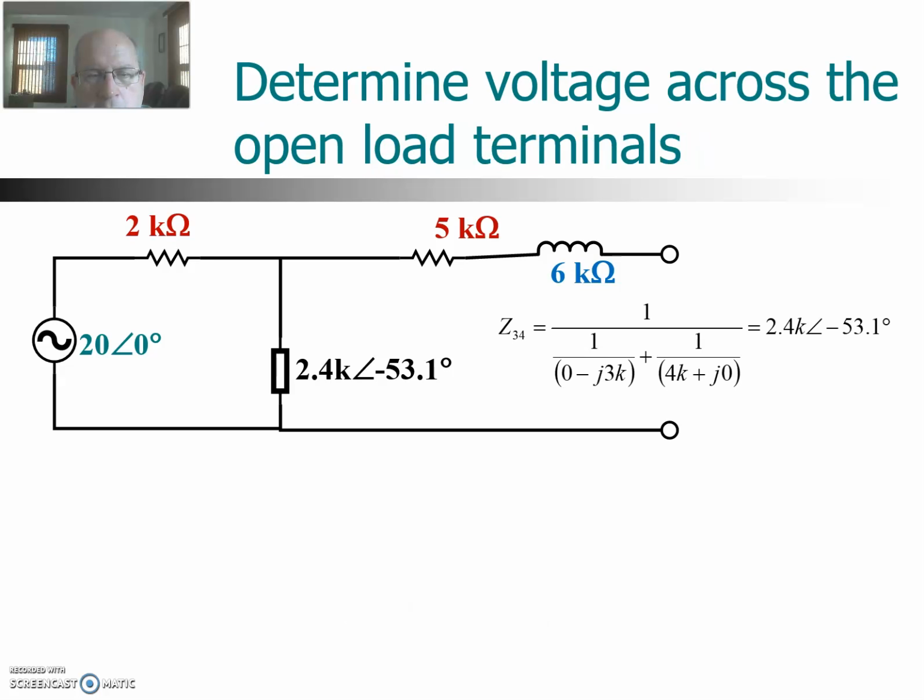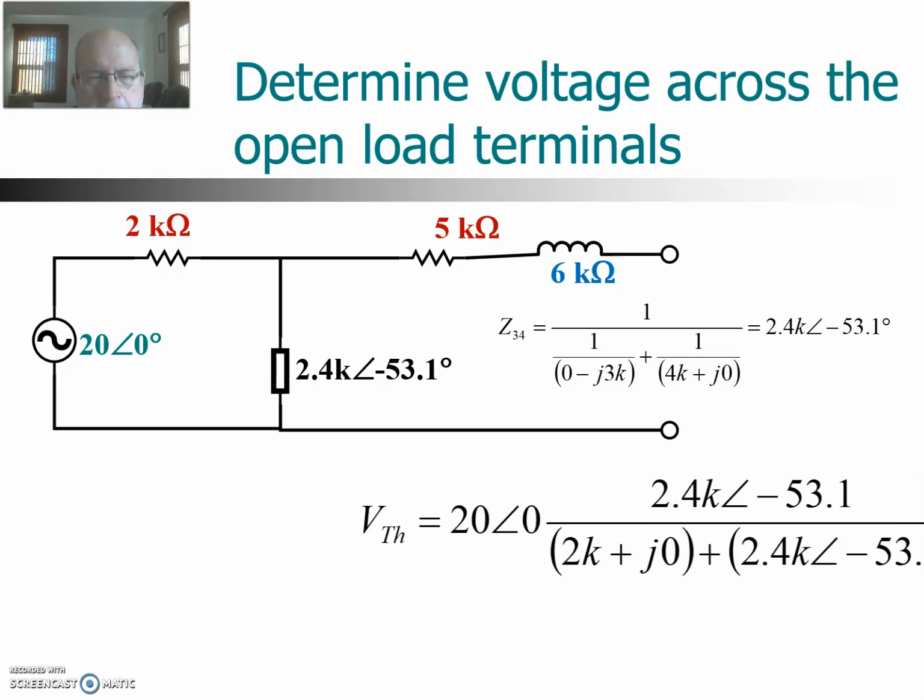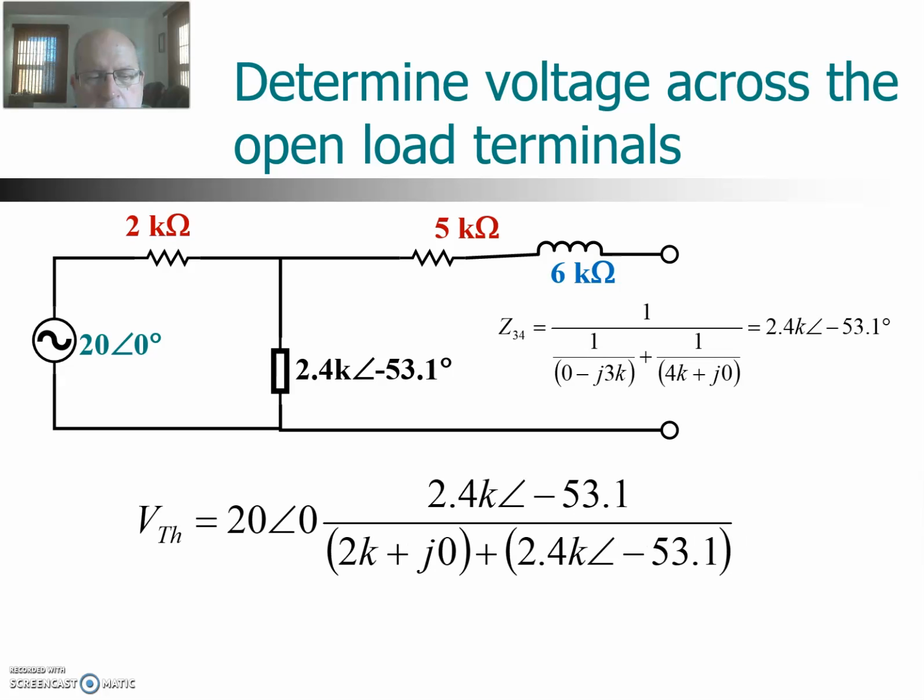Now that I have the Z, I want to determine the voltage across those terminals. So just like before, the 5K and the 6K have no current. So all we have to do is find the voltage across that 2.4K impedance. So using voltage divider, we have the source voltage multiplied by the Z we're measuring across, divided by the total Z, which would be 2K plus J0, plus the Z we just found of 2.4K angle minus 53.